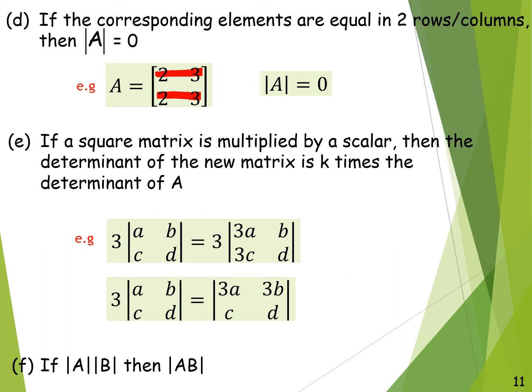F. Determinant A times determinant B is equal to determinant AB.